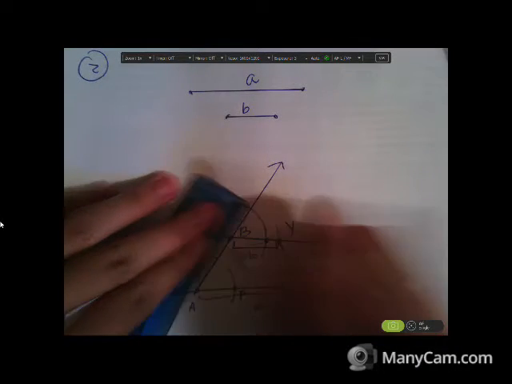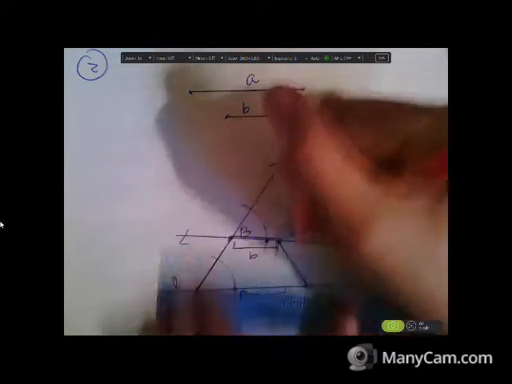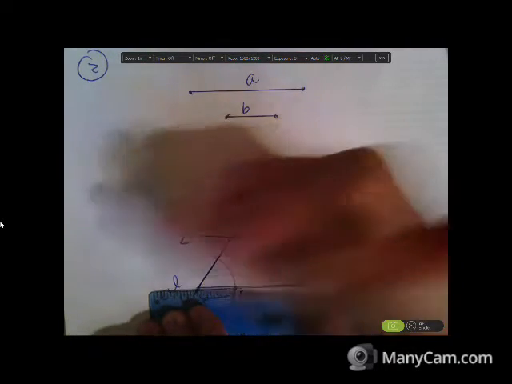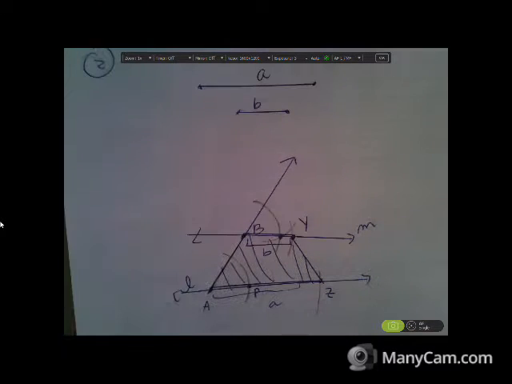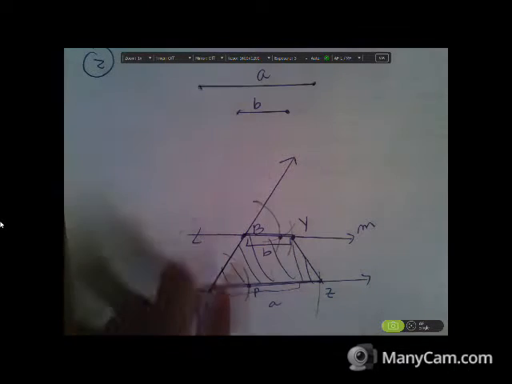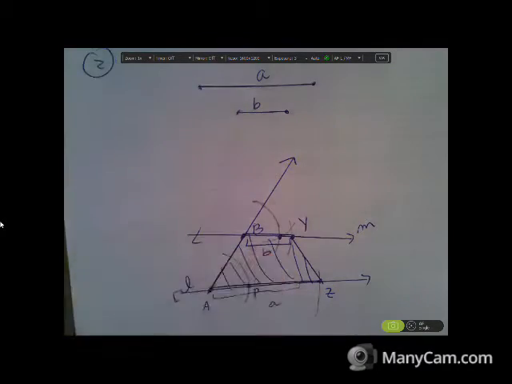And here is my quadrilateral. Over here and over here. So that is my quadrilateral. So I constructed the parallel lines and I copied the line segments.